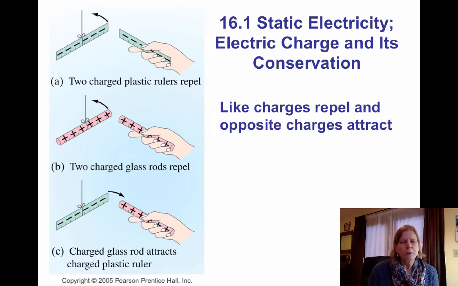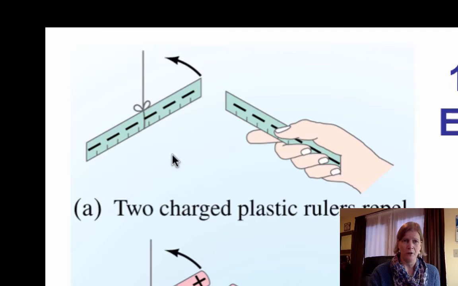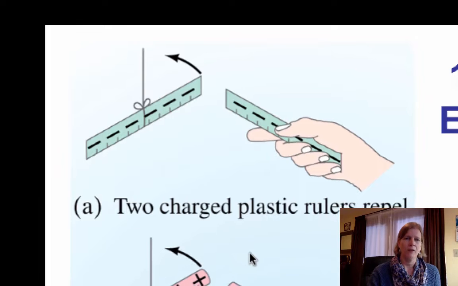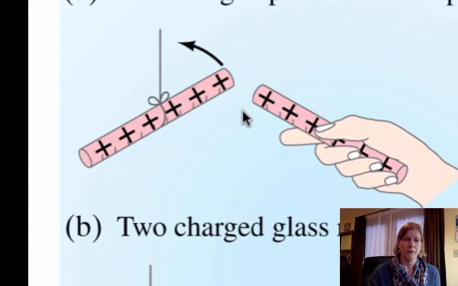And what we can see is if we bring two objects together that are the same charge, then they repel each other. So likes repel. If you go to the upper left image here, we have two negatively charged objects. We bring them near each other, and this object swings away. It is repelled. Likewise, if we bring two positively charged objects near each other, then this one will be repelled, swings away.